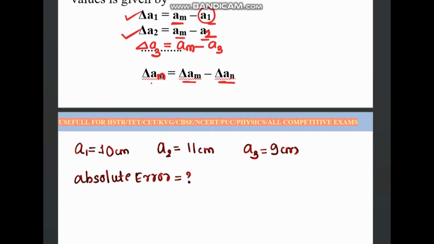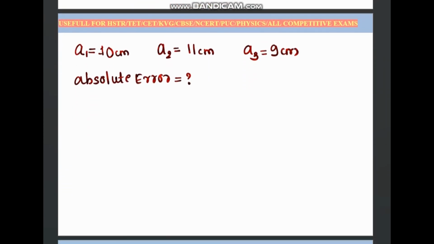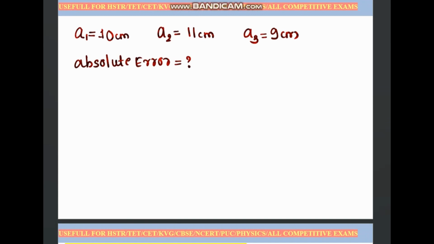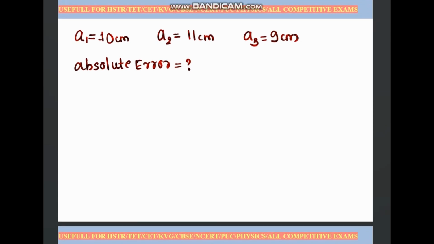I will take a very useful example here. Suppose we are going to measure the length of something. A1 is measured as 10 centimeter, A2 as 11 centimeter, A3 as 9 centimeter. This example shows a little more error, but I have taken it to make it understood very clearly.